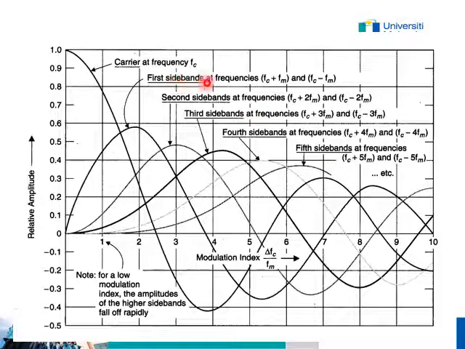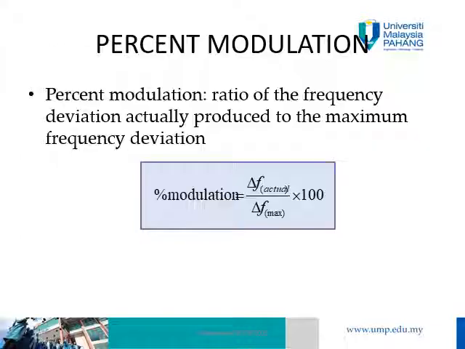The first sideband is at frequency Fc plus Fm and Fc minus Fm, whereas the second sideband is at Fc plus 2 Fm and Fc minus 2 Fm. From this chart, we can plot the frequency spectrum of the FM signal.